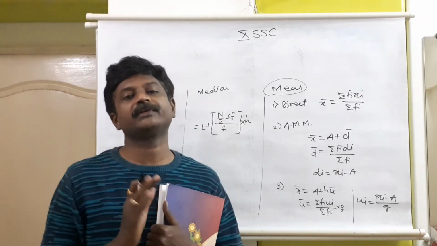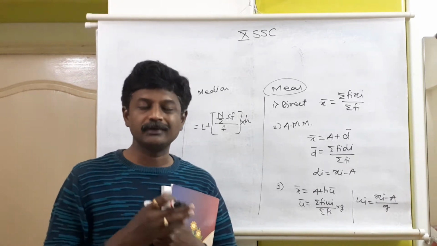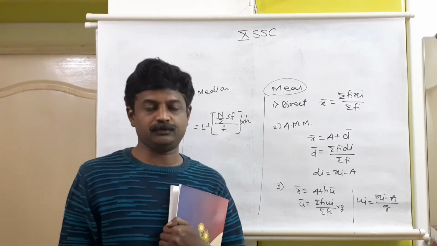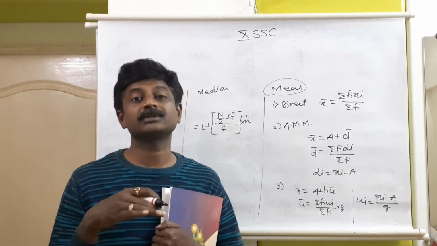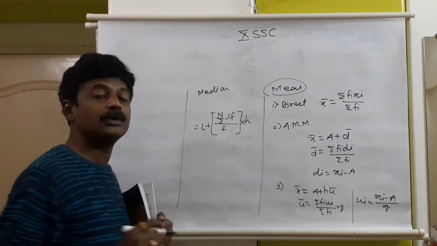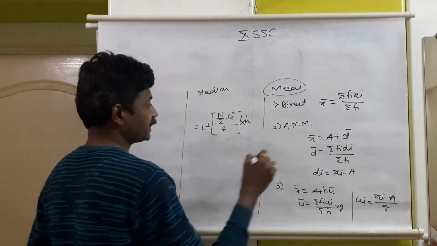Suppose n by 2 is 52, for example. Then we have to find the first CF which is more than 52. That column will be the median column. We have to mark it.